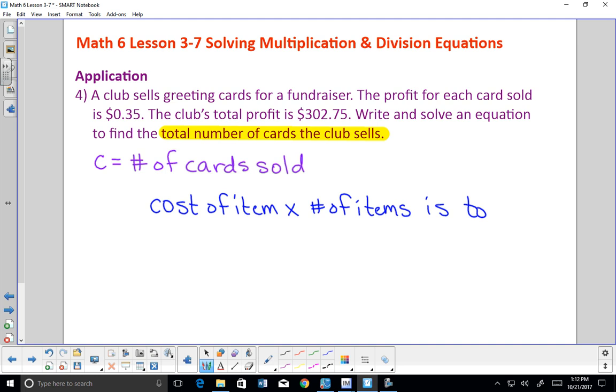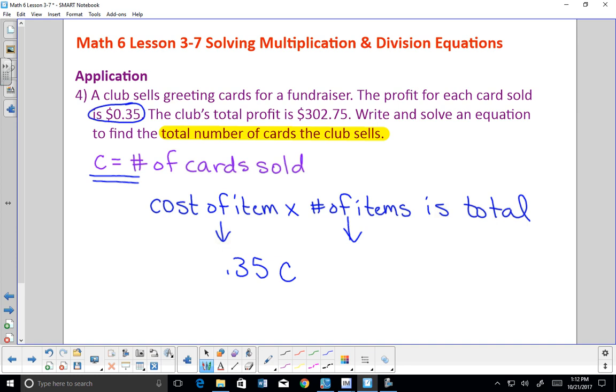From that, I can make an algebraic equation. Okay. The cost of my item, it told me, was 35 cents. So the cost of my item is 0.35. The number of items, I don't know. That's my variable, so I will put C. And remember, in algebra, when you multiply two things together, if they're not numbers, you just need to write them next to each other.